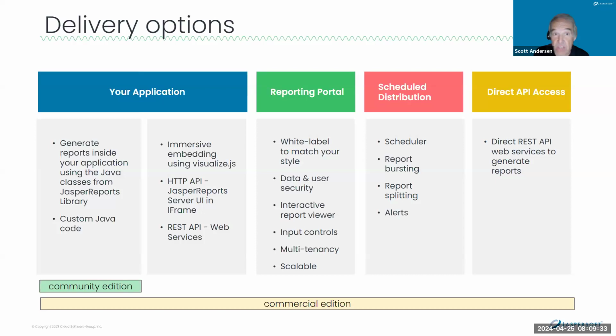Both applications also provide REST API access to the report generating capabilities, which can be accessed directly from your processes or embedded inside your application. The Jaspersoft Server's user interface can also be integrated into your application using iframes.